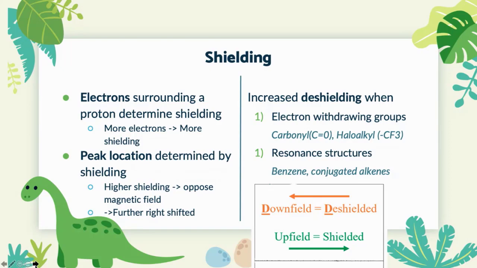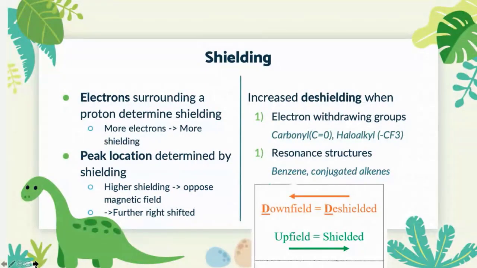In addition, resonance structures can do something similar, because your electrons are moving around between different atoms. There's no specific place where they're always going to be dense, and so that can also create a de-shielding effect.